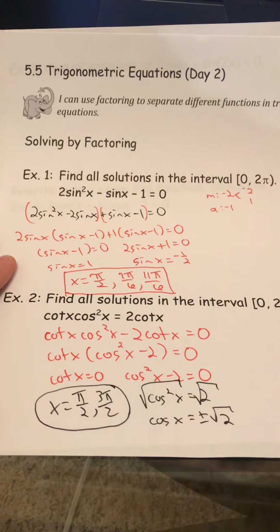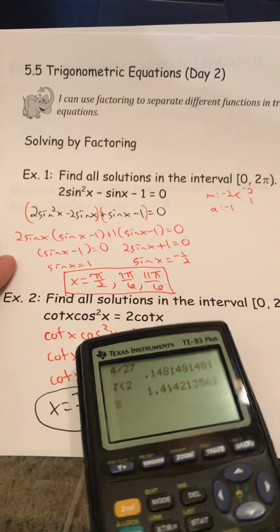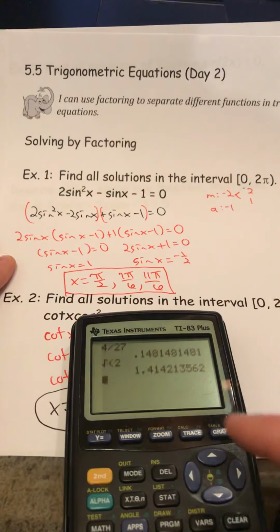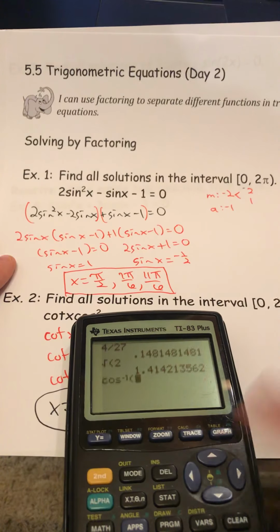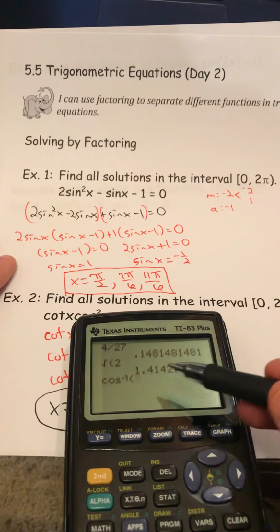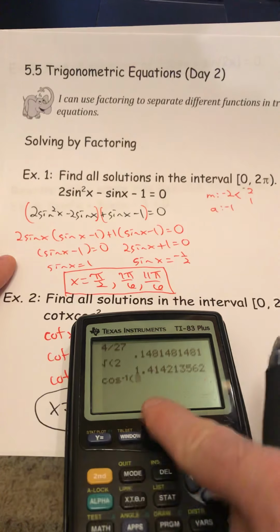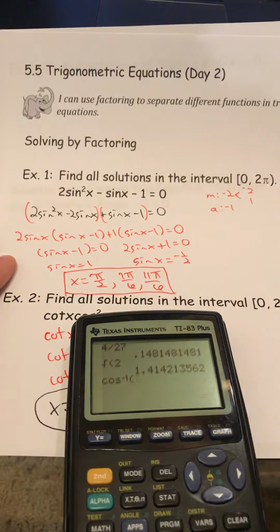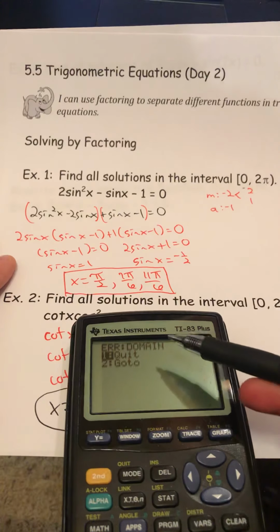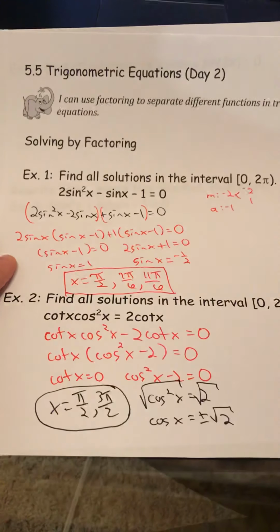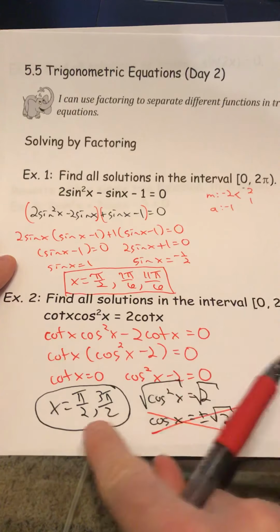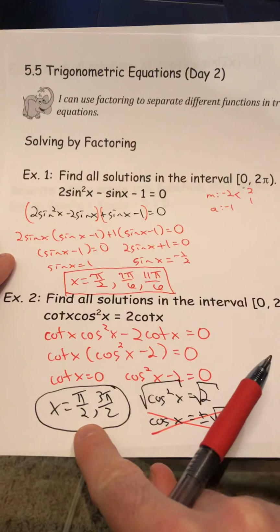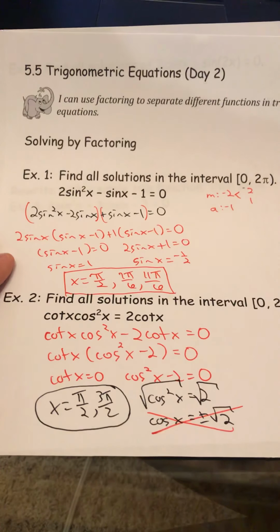Now, another option here, if you weren't noticing that right off the bat, if you tried to now take the inverse, because again, this is not a unit circle value, if I take the inverse cosine of that, I get a domain error. So the good news for this question, this part is outside of our domain. So our only two solutions are pi over 2 and 3 pi over 2.